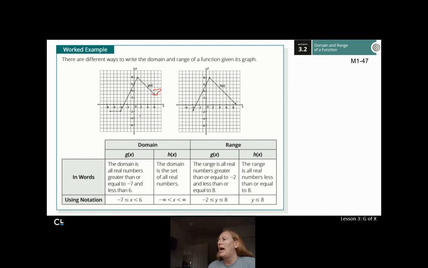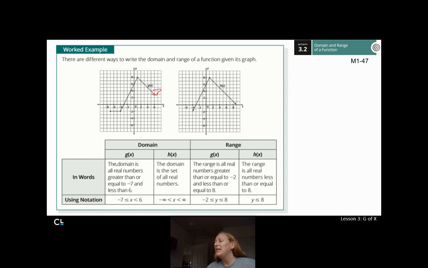Now we said on a graph, for my domain, I can look at my x values. So how far to the left and how far to the right. For this first guy, it starts at -7 on the left, and it goes all the way up to 6 on the right. So I would say that the domain is all real numbers greater than or equal to -7 and less than 6.